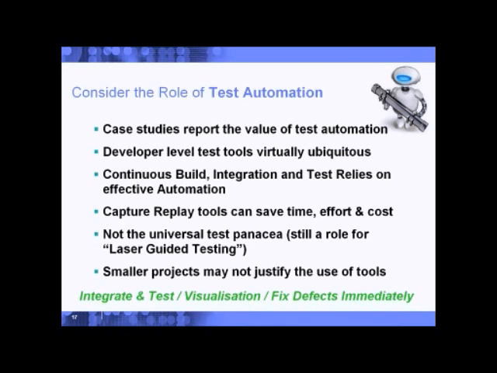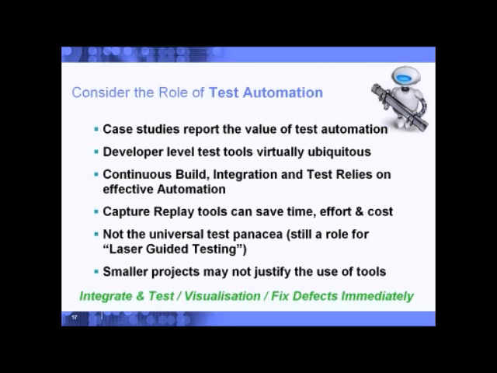If we're using, as we said, a continuous build approach, then automation is clearly necessary, but also integration with automated tests gives us a lot more synergy again. We can have a look at using capture replay tools, and they can save time, effort, and cost. However, don't necessarily believe every salesman who tells you that they're easy peasy lemon squeezy and they're the kind of universal panacea for testing.